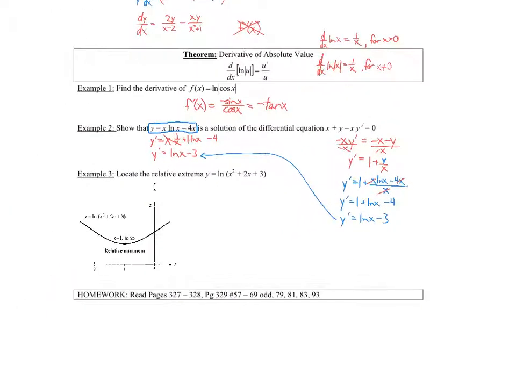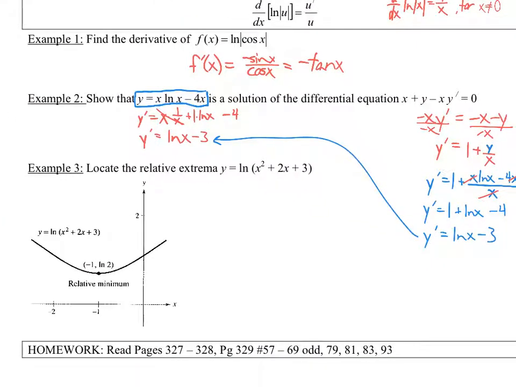Last one here. Locate the relative extrema. When you hear relative extrema, you think bad memories. Critical values, yes. Get the derivative, set it equal to 0. So we're going to do y prime equals the derivative here.